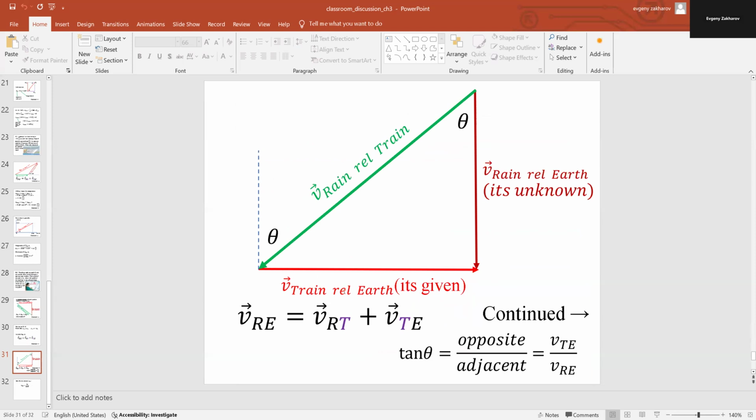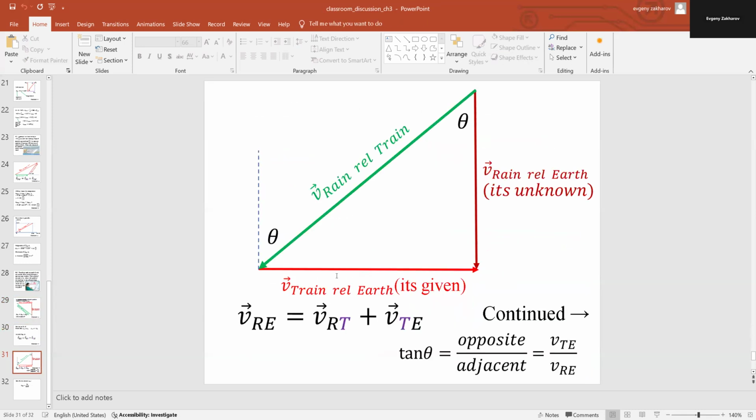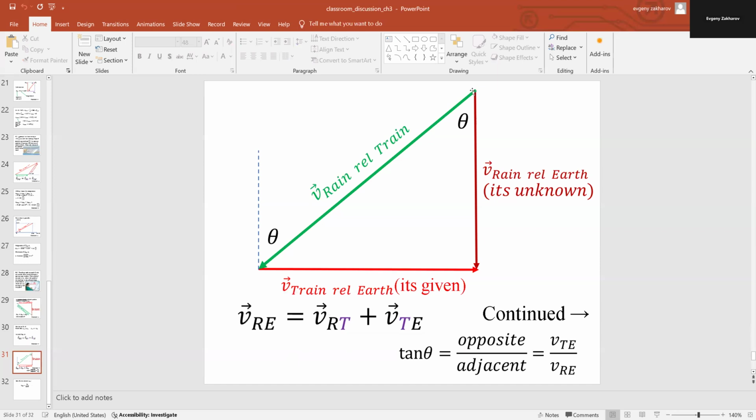And there is still train with respect to Earth. That's given. See how I said this vector is a good one. So we're going to use this vector here as it's given. There's no problem between those two. And finally, it's rain with respect to Earth that we're looking for. So it's RT plus TE.